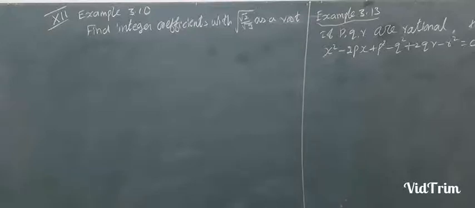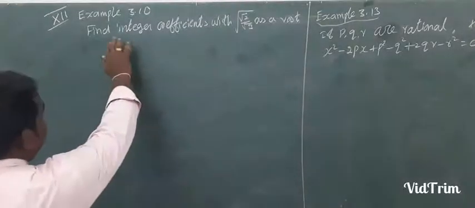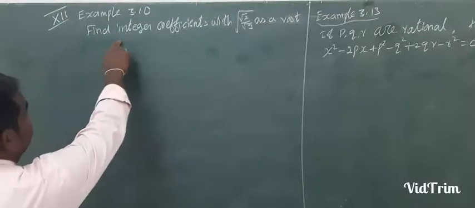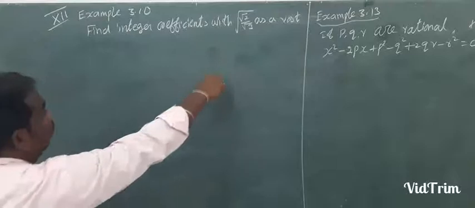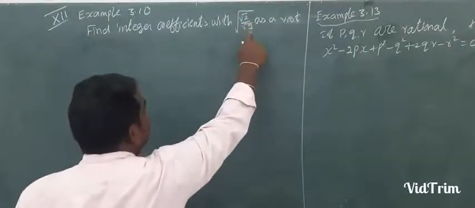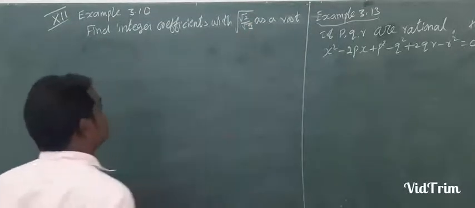You have to see how complex numbers occur in pairs of roots, or how we will get the roots. Look at the question. Find the polynomial equation with integer coefficients having square root of root 2 by root 3 as a root.